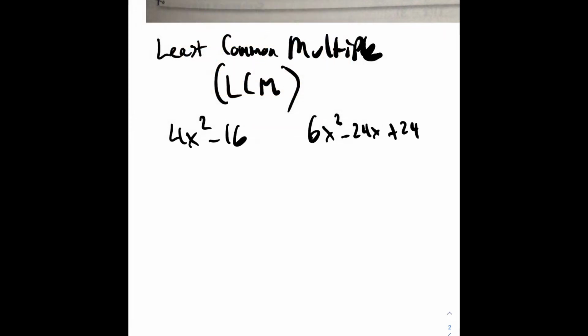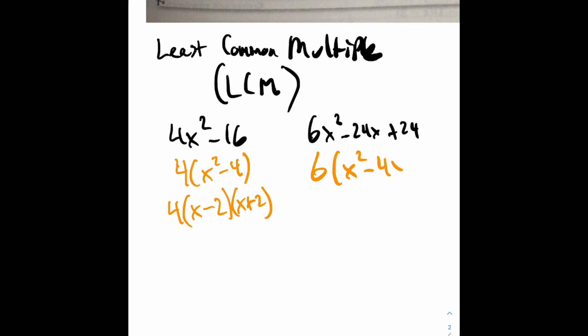So I'm going to try to factor these out. What I see here is they both have a factor of 4, so I'm going to factor that out. And then I know x squared minus 4 is one of those square root ones where if I subtract it and then I add it, that middle term goes away.